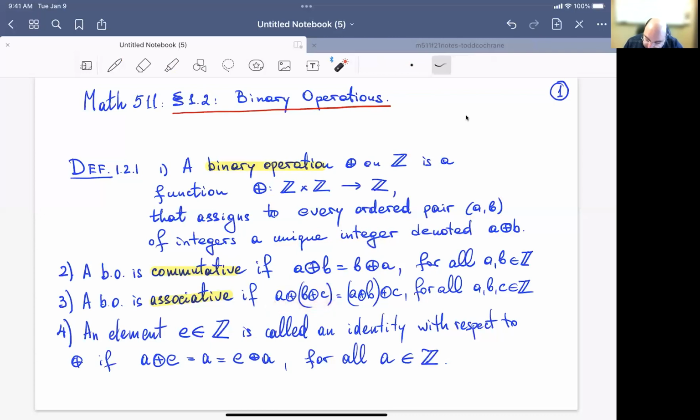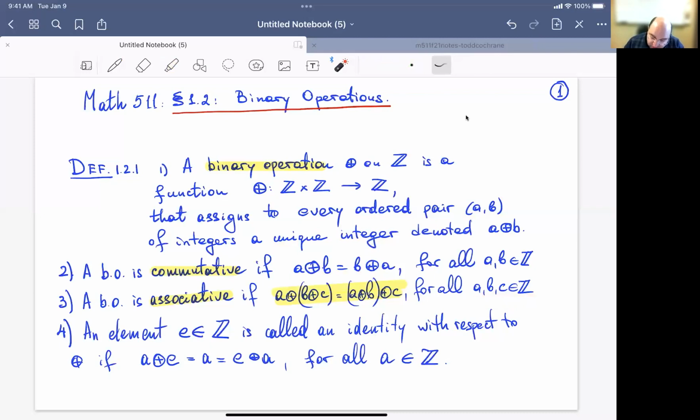We could also do it in the opposite order: take first a ⊕ b and then apply c to that. If the results of these two things are the same, then the binary operation is associative. That has to be true for all possible a, b, and c in the integers.